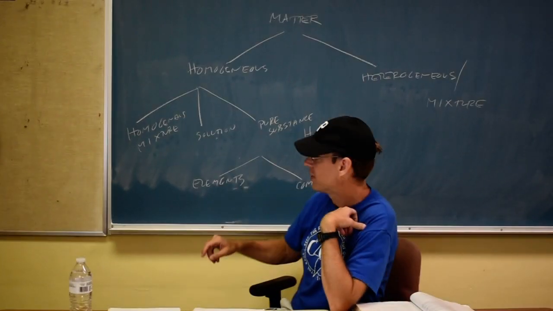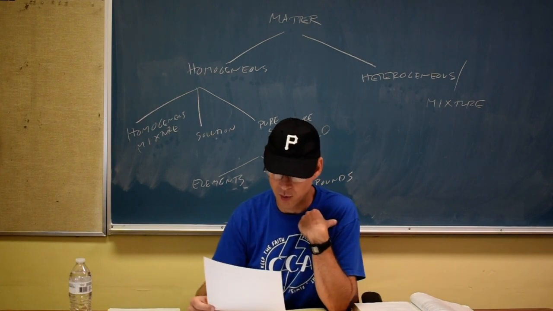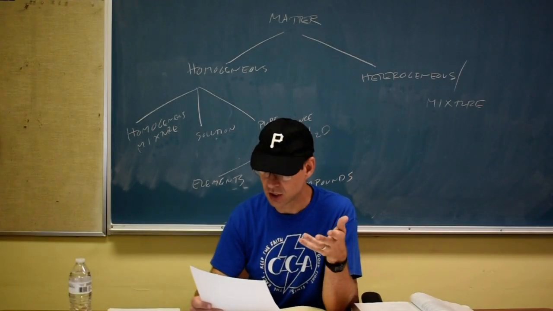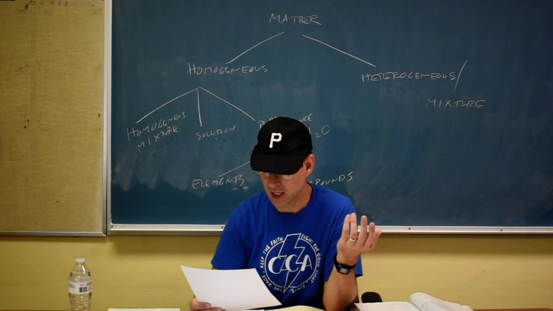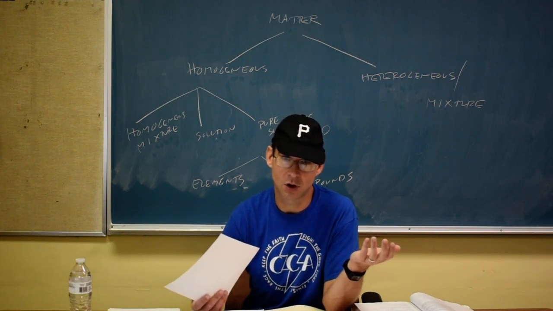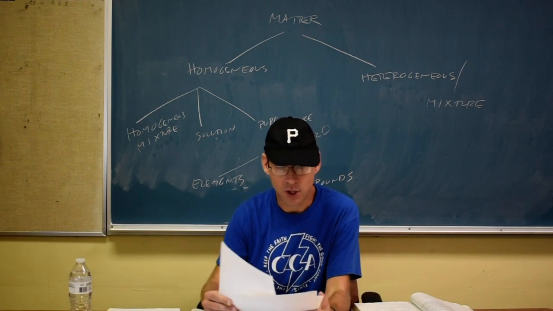Solution, you'd say the same thing but within certain limits. And the example there would be Kool-Aid or something like that. Pure substance, you'd say no variation of proportion, and those examples are like H2O or CO2 or sugar, salt, acid, that kind of stuff.